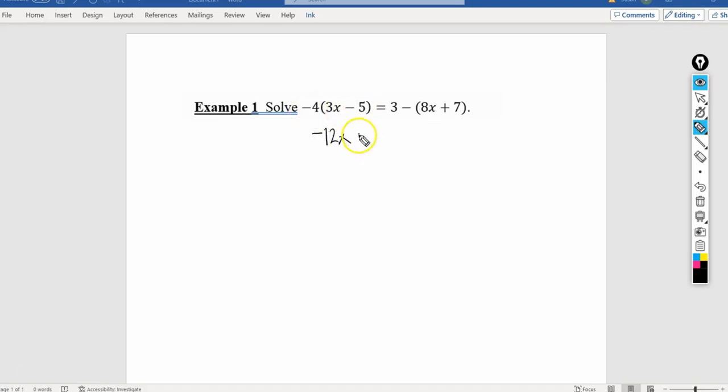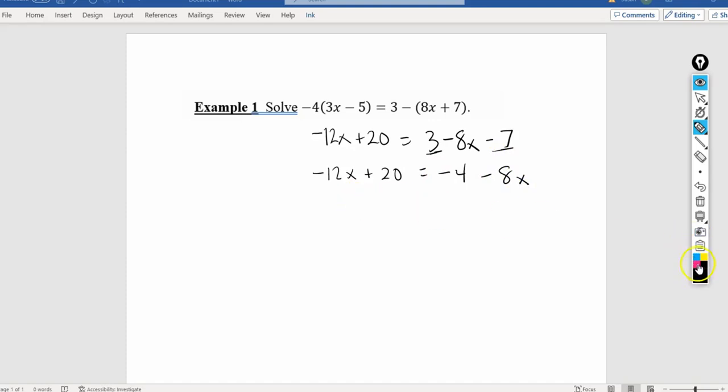And -4 times -5 is +20. Then I have 3, and then I'm going to distribute the negative sign through, -8x -7. Then I'm going to gather like terms, which there are not any like terms on this side. But 3 minus 7 is -4.